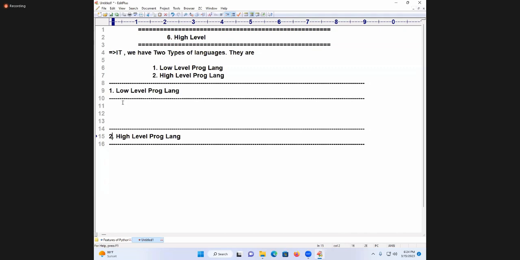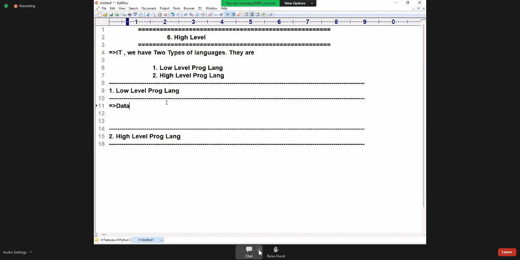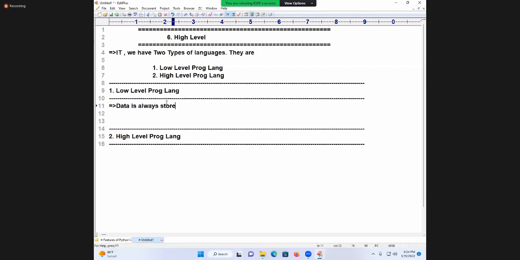Now I'm going to discuss one important point here. In the low-level programming language, data is always stored in a particular form.